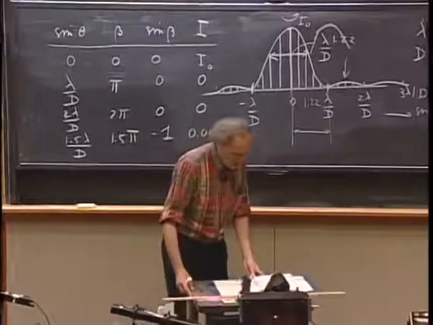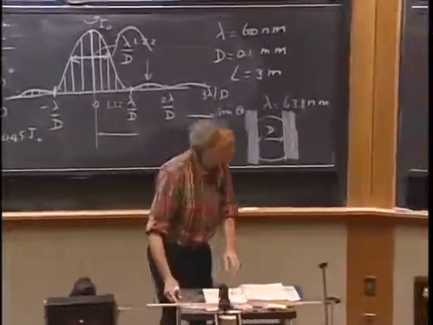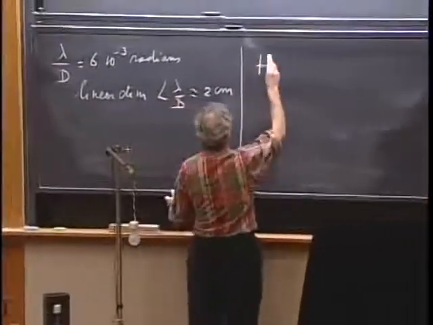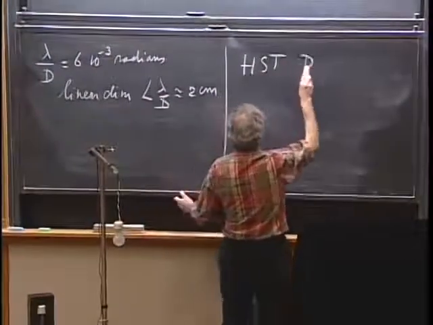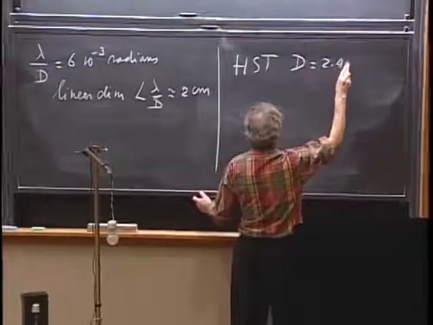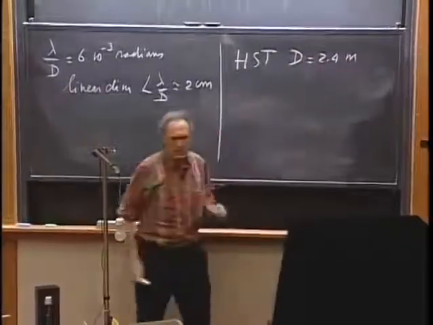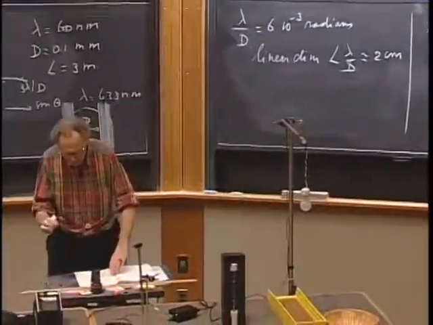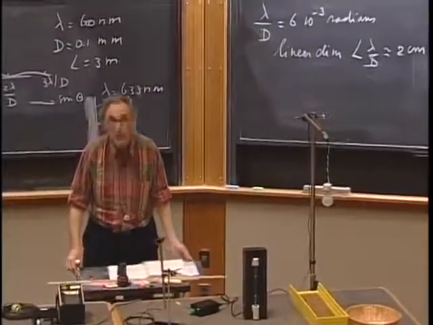Suppose we take the Hubble Space Telescope, HST. It has a mirror D with a diameter of 2.4 meters, and it is prepared so carefully that the claim is made that it is really diffraction limited.